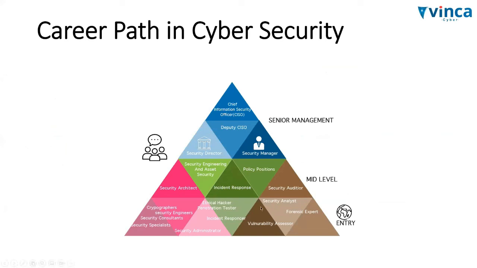There are forensic experts: if an attack happened on a website or on a system, like a ransomware attack or anything, the forensics team comes into the picture and tries to find out who did this attack, what happened, how this can be done, and how we can be protected from this kind of attack in the future.